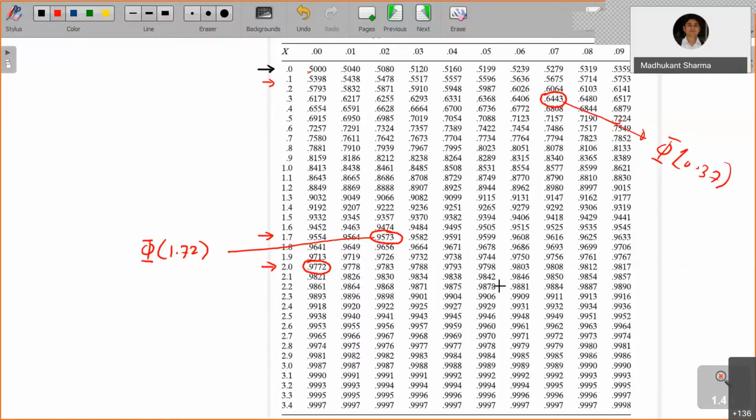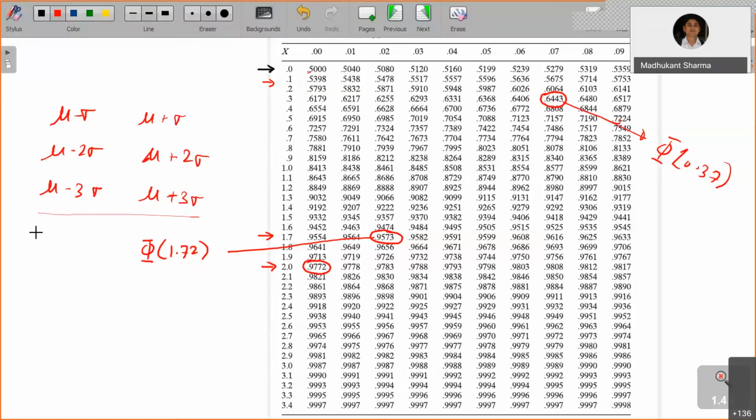You will see, when you talk about the confidence interval, what the area covered is between mu minus sigma and mu plus sigma, then mu minus 2 sigma to mu plus 2 sigma, and so on, mu minus 3 sigma to mu plus 3 sigma. So between minus 3 and plus 3, almost the whole area will be covered.